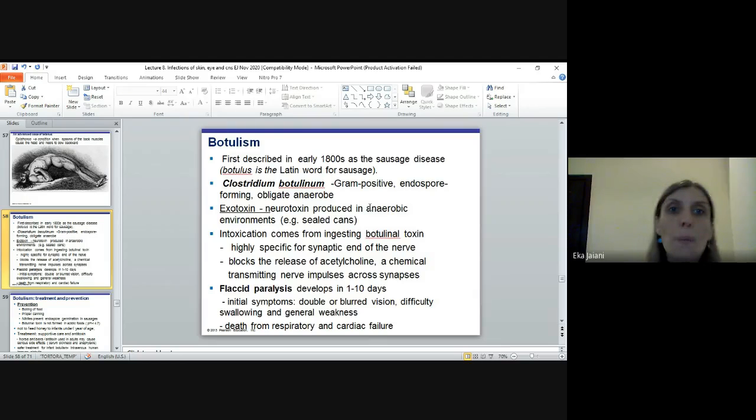So this is opposite to tetanus toxin, and it leads to flaccid paralysis. So muscles are relaxed and do not contract. And of course, it can also lead to respiratory or cardiac failure and can be deadly. If untreated, it has a very high mortality rate.